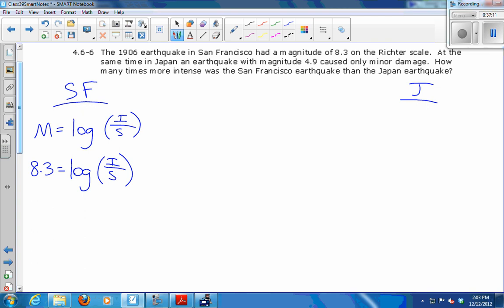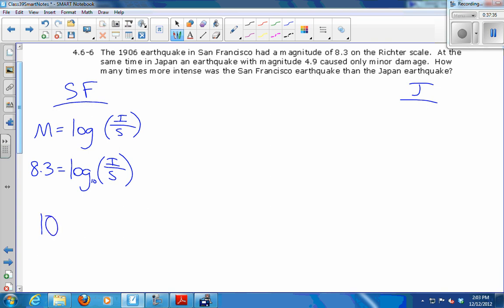If I were to change this to an exponential equation, what would it say? Yes, 10 to the M, because this is base 10, even if I didn't write it there. So 10 is the base in both equations.